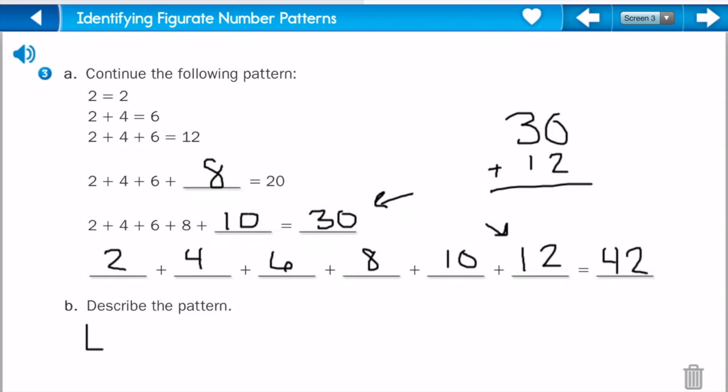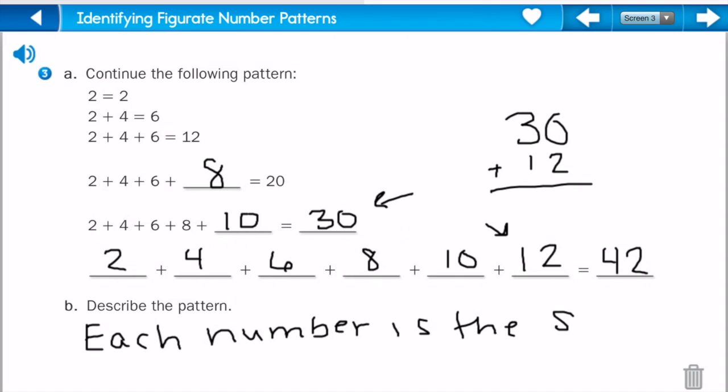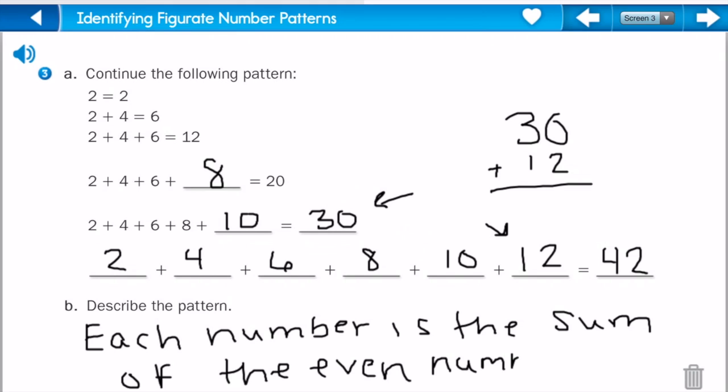So each number is the sum of the even numbers in order. So all we did was we just kept adding the even numbers together in order.